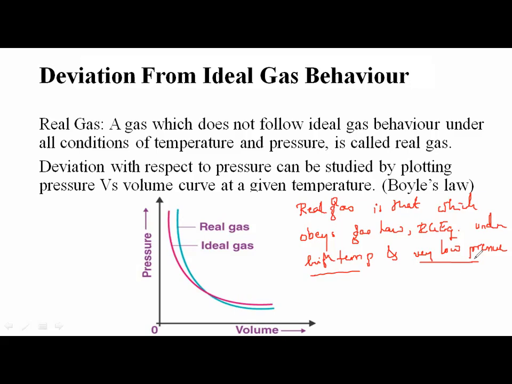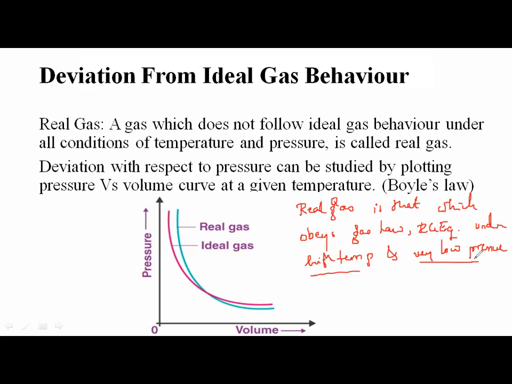Then what are our real gases? The gases which do not obey ideal gas laws at all conditions of temperature and pressure are called real gases. These real gases tend to show ideal gas behavior as the temperature rises above the boiling point and when the pressure is lowered.